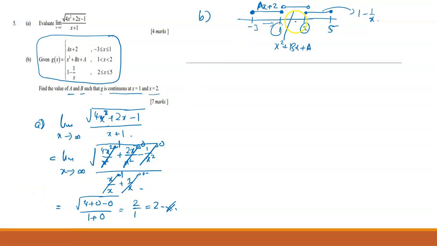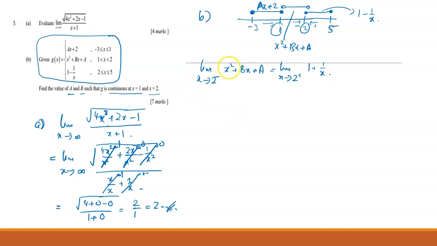We call it the limit approaching 2 from left and right. The graph approaching 2 from the left is x squared plus bx plus a, equal to the limit of x approaching 2 from the right, and this one we are referring to 1 plus 1 over x.